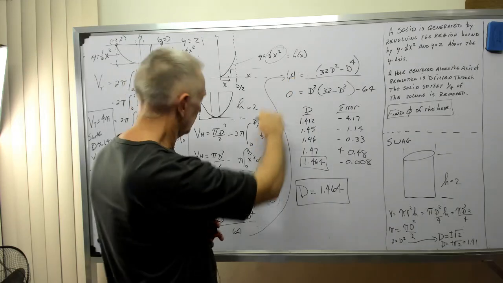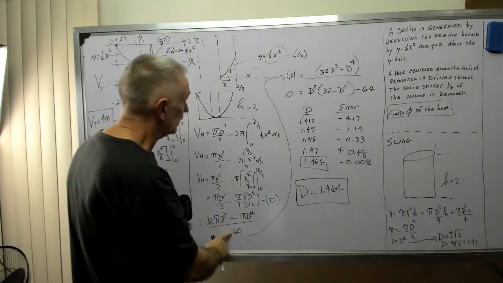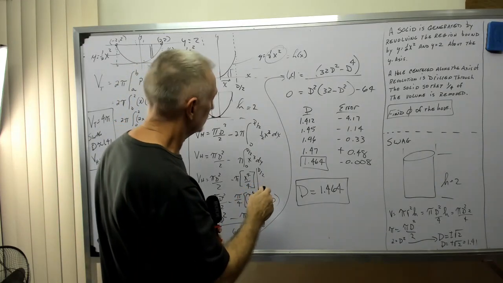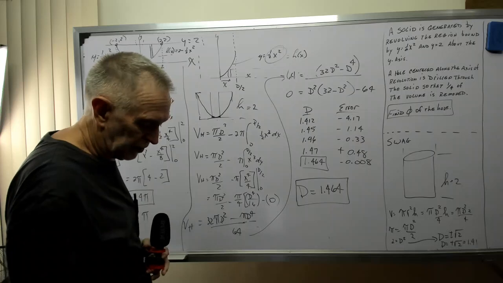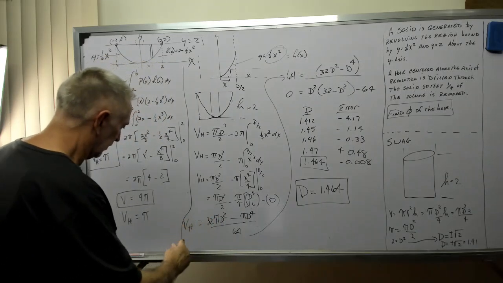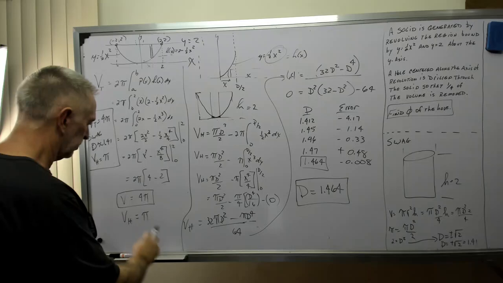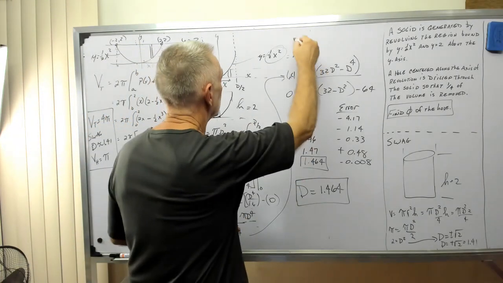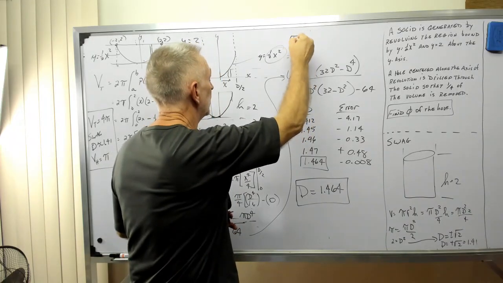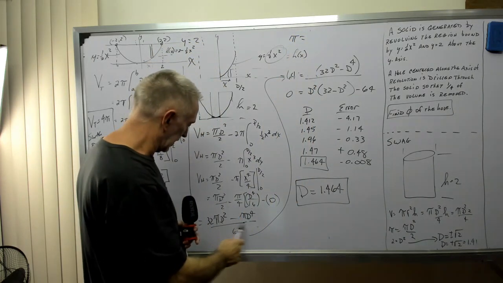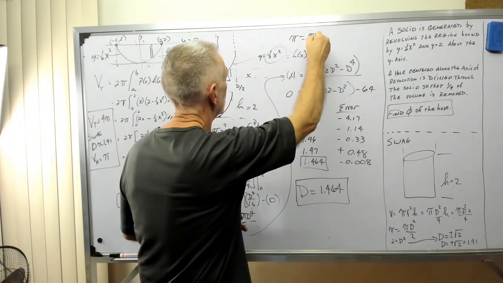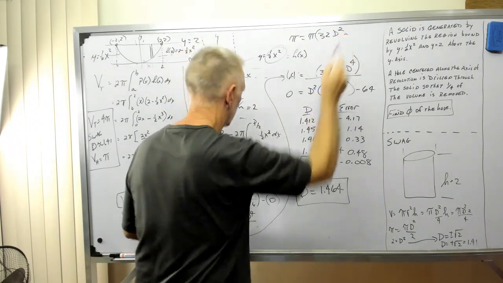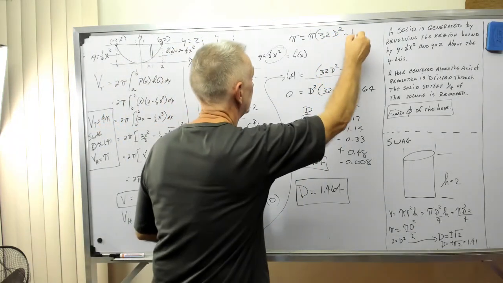So let's go up here. I multiply through by 64. I guess I erased a step there. Let me put it down here. The volume of the hole, remember, was pi. So if I factor the pi out, pi equals pi times 32d squared minus d to the 4th, over 64.